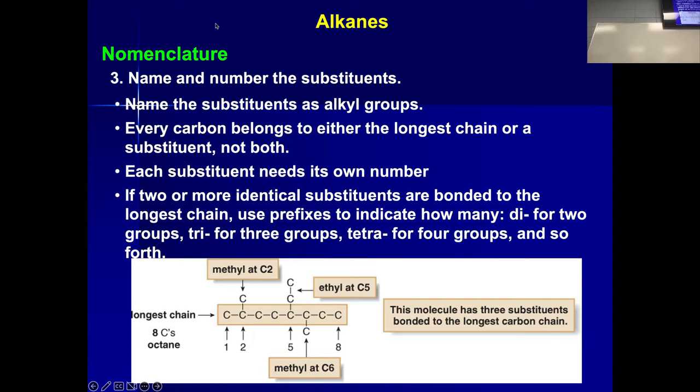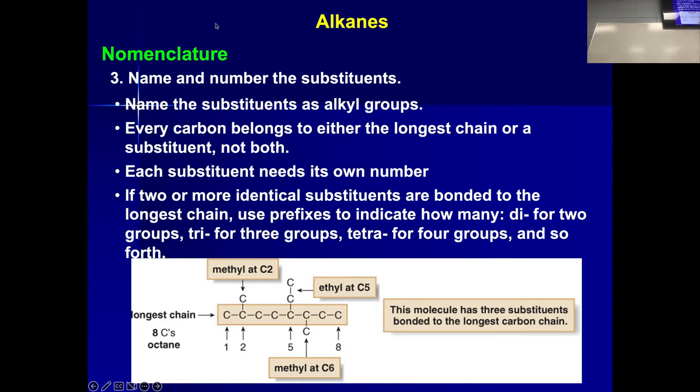The parent, 4 carbons, and A-N-E for the functional group. It's an alkane, so we put A-N-E. What are the substituents? Methyls, and I've got 2 of them, right? And so how am I going to number it? Am I going to number left to right or right to left? It's the same thing either way. If I number the other way, you'll notice it gives you the exact same numbers, right?